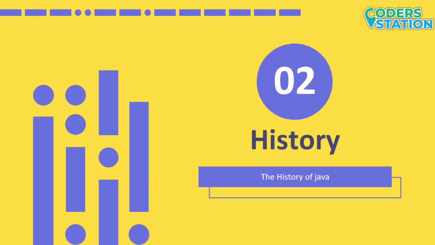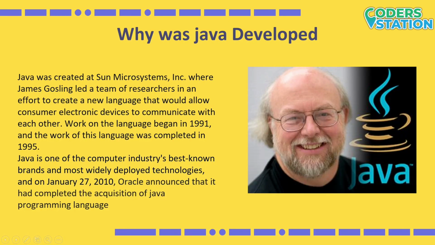So first, let us know about how Java came into the programming world, or how Java was invented. Java was created at Sun Microsystems. There, James Gosling led a team of researchers in an effort to create a new language that would allow consumer electronic devices to communicate with each other.